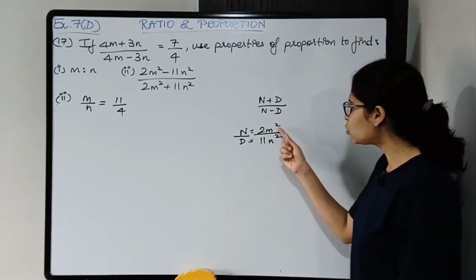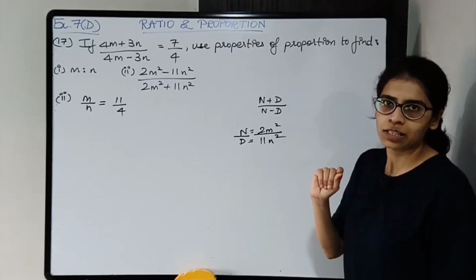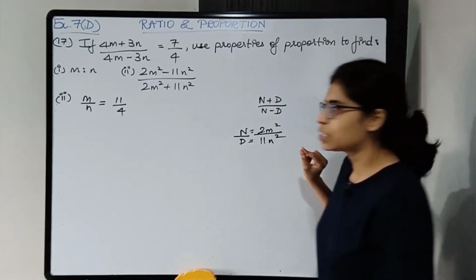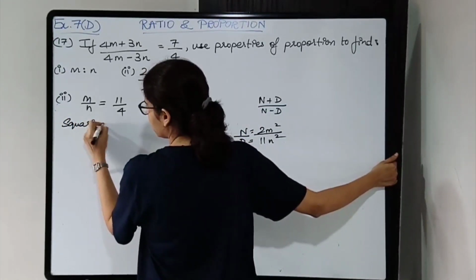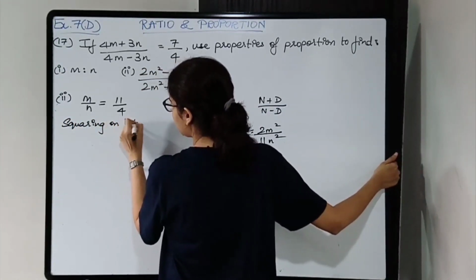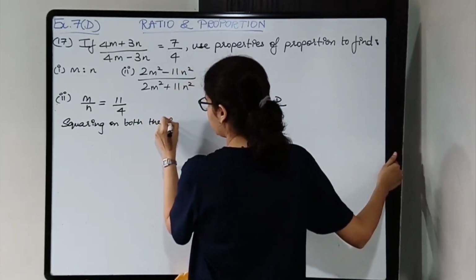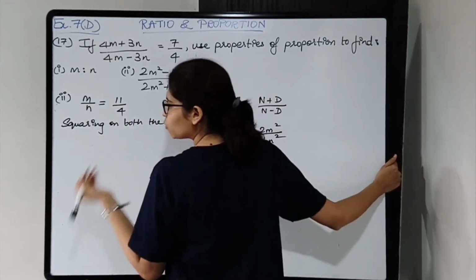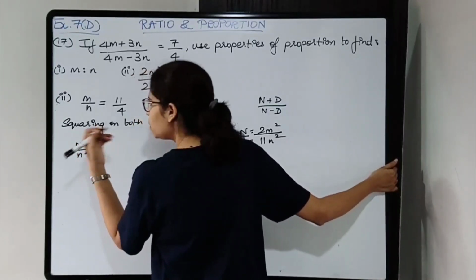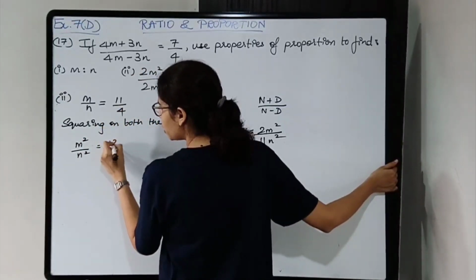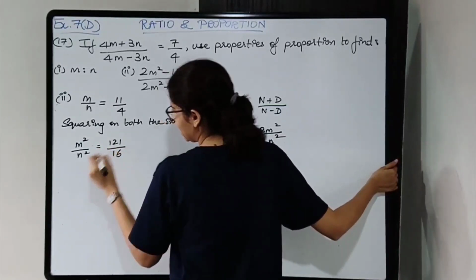So we need to first square this. m square hai, n square hai, so squaring on both the sides. You have to square on both the sides simultaneously. So m square upon n square, everything will be squared. 11 ka square 121, 4 ka square 16.